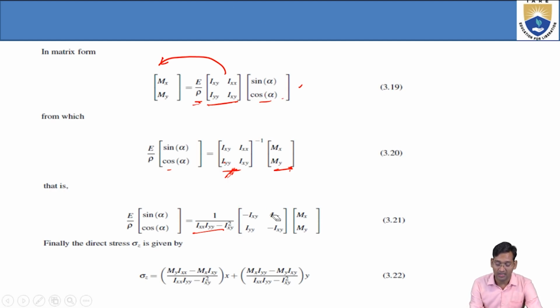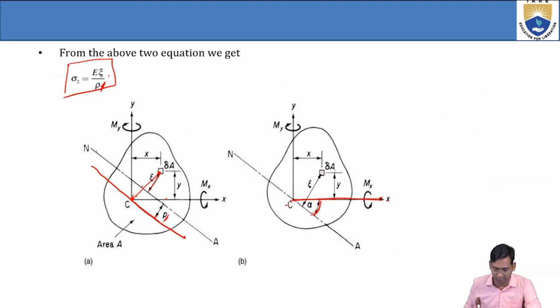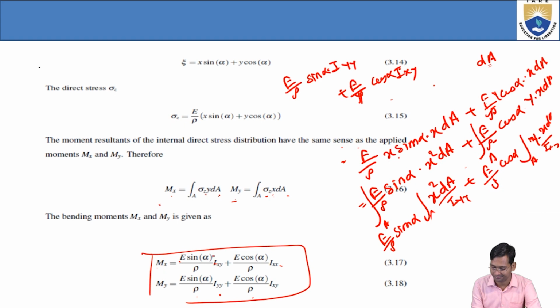After this, finally the direct stress sigma z is given by sigma z. From here we found sigma z in terms of m, from E by rho x sin alpha cos alpha.